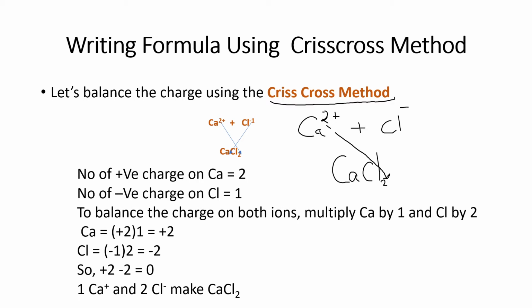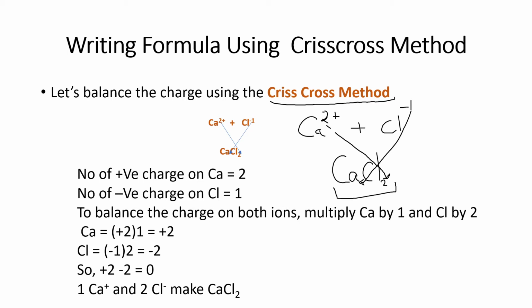Similarly, it is just negative 1, there is a 1 charge on it. So let's bring this 1 over here to the subscript of the calcium. So it becomes CaCl2.